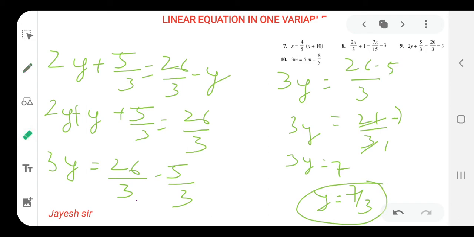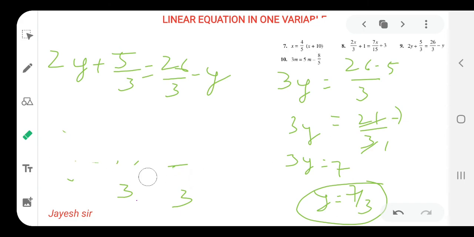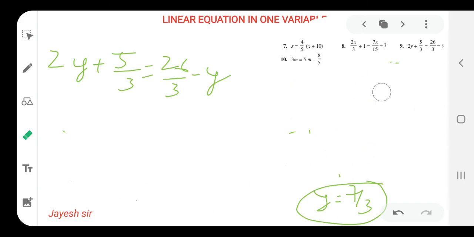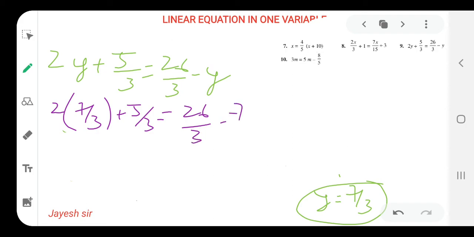As you all might be capable of doing till now. So let's put the value for y as 7 by 3 in our question and check whether we have found the answer correct or not, friends. Value for y is 7 by 3. 2 into 7 by 3 plus 5 by 3 is equal to 26 by 3 minus 7 by 3.